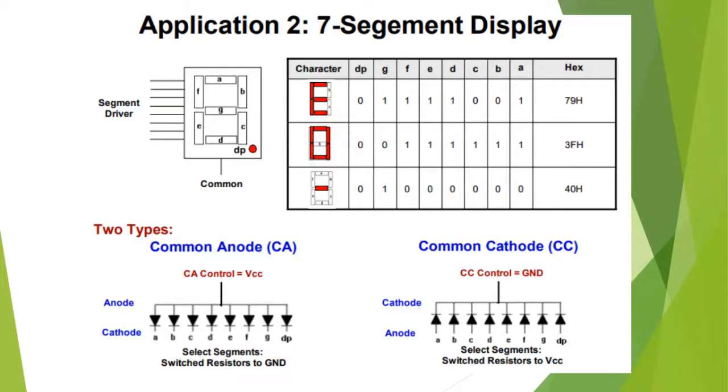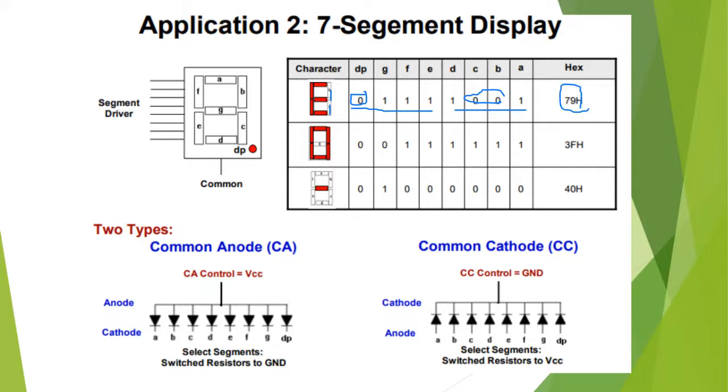A must be on, but B and C off. All other segments are on, and dot point also off. So dot point is 0, B and C, they are 0. So what is the hexadecimal code? It's 0111 1001, so that means 79 hexadecimal number to display E.